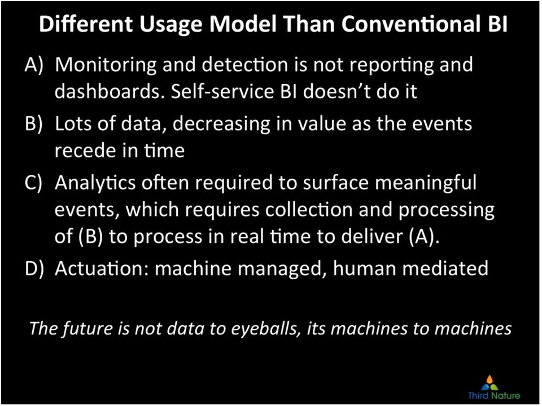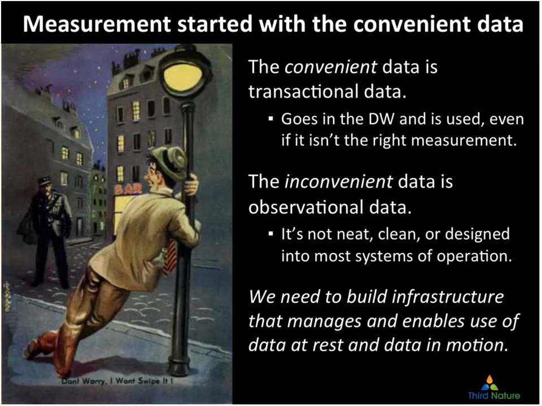And you don't have the ability to act on it as it occurs, because the best you can do is a post-insert trigger in the database or a continuous poll by a client front end. And so you have to deal with these two different paths. Machine managed and human mediated is really where we're going with a lot of actuation, of execution.